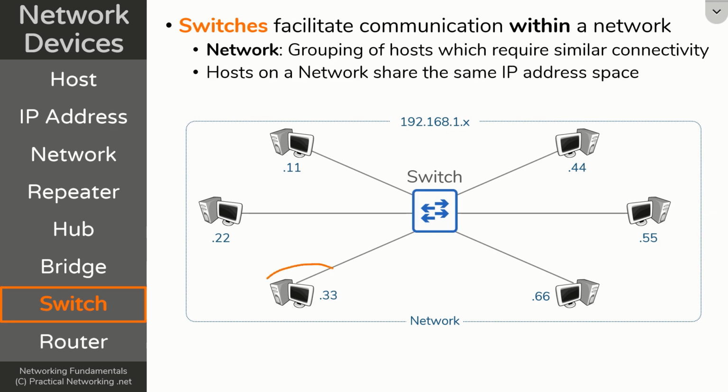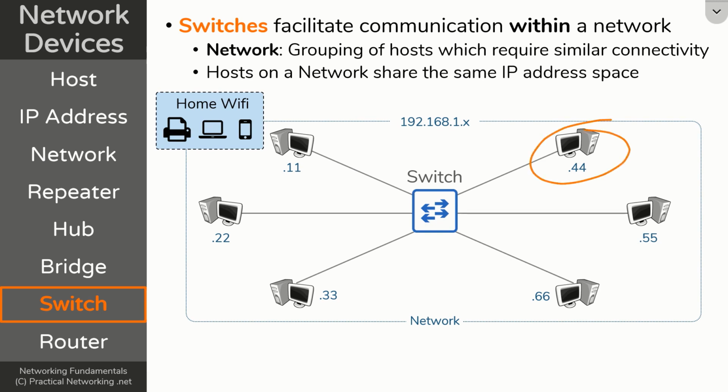192.168.1.anything. And this host's identity is the IP address 192.168.1.33. And this host would be 192.168.1.66. And this set of devices could very easily represent all the different hosts on your home Wi-Fi network. Maybe this device is your printer, and this device is your laptop, and this device is your mobile phone, and so on.